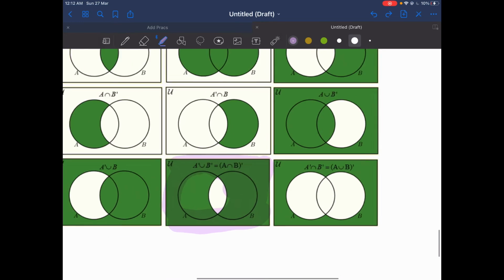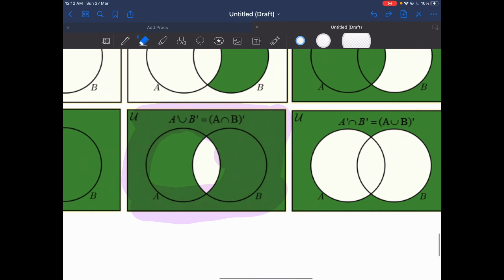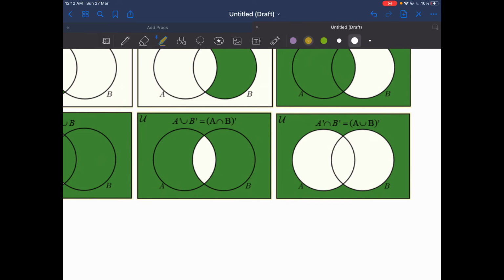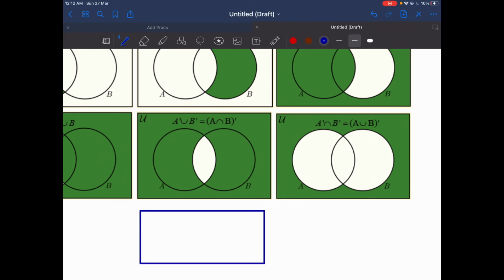So now let's go through something that might be a bit more tricky. Okay, so let's look at this. The probability of A prime union B prime. Okay, so tell me what's A prime. A prime basically means the area that is outside of A, right?